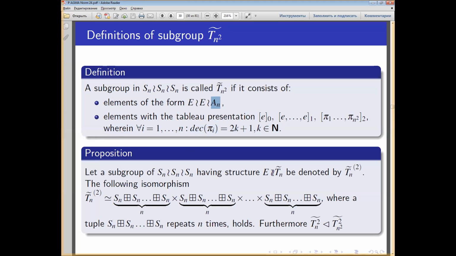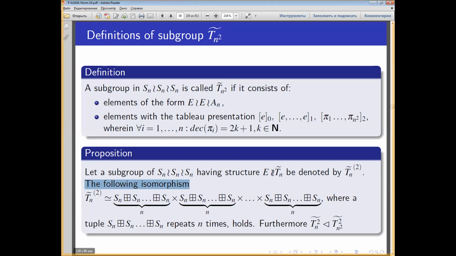And the next subgroup can be defined recursively. It is a subwreath product E with T tilde n, not n square, and is denoted T tilde 2n, and has the following structure.